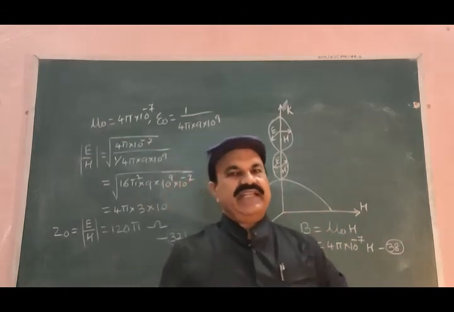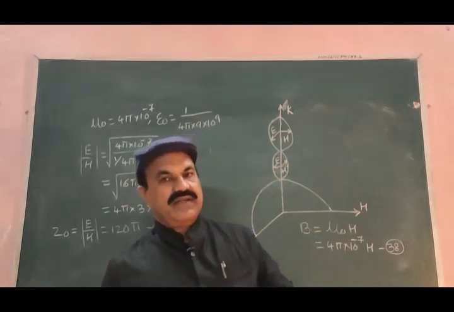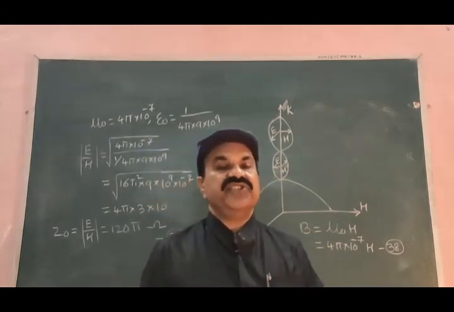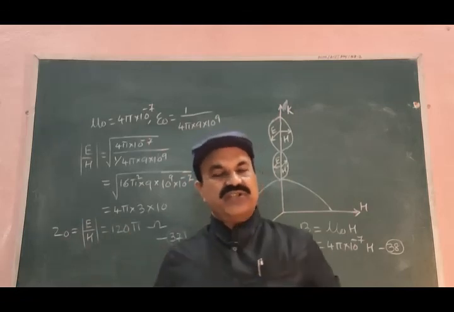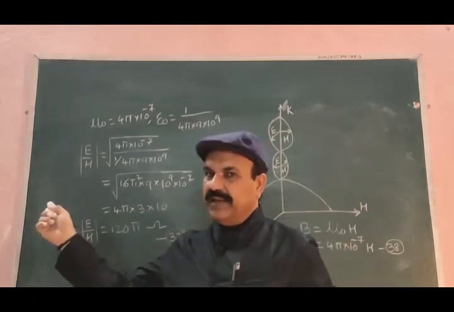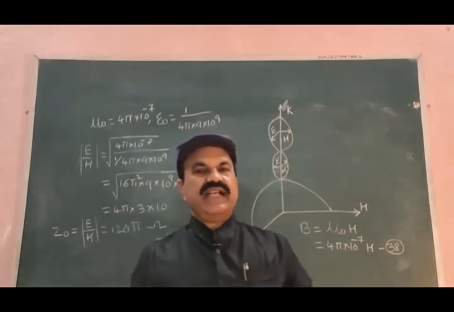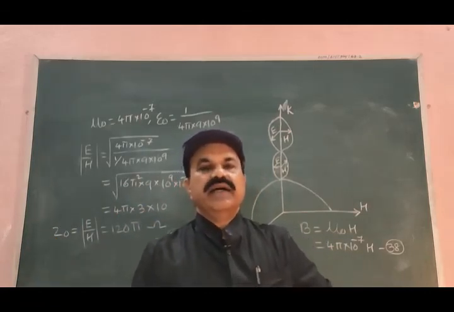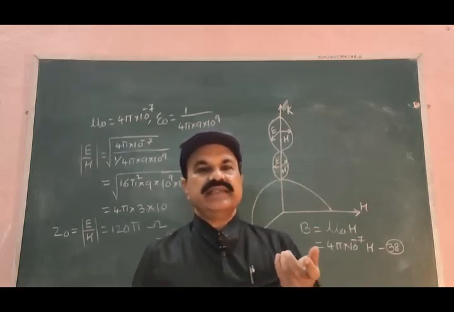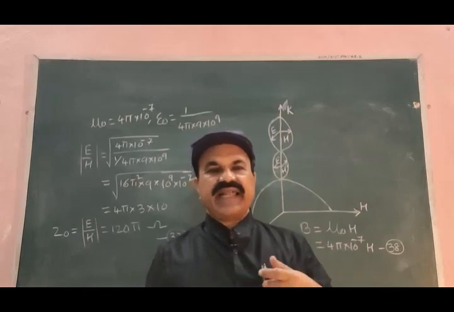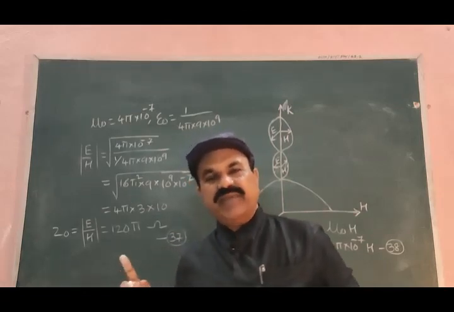Much of this article is still left. Now we have to find, in the same article, what the Poynting vector should be and what the time average value of this Poynting vector should be for the plane electromagnetic wave. After that, we have to go for the comparison of electrostatic and magnetic energy densities for the plane electromagnetic wave.